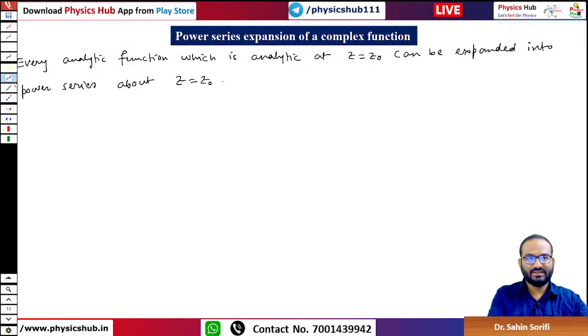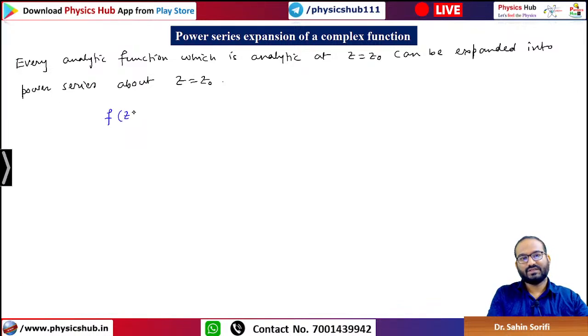So if you expand f of z about z equals z0, we can write summation n equals 0 to infinity a n times z minus z0 whole to the power n.